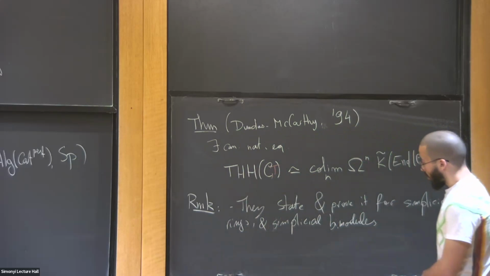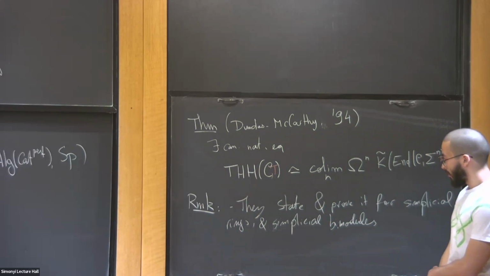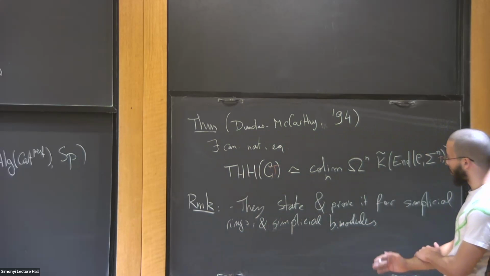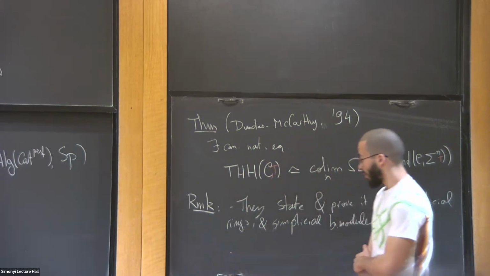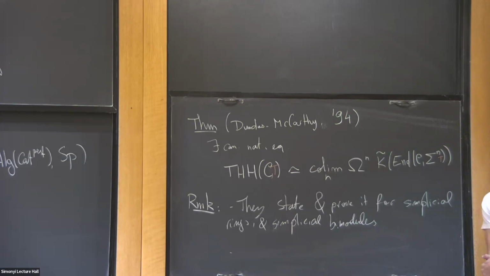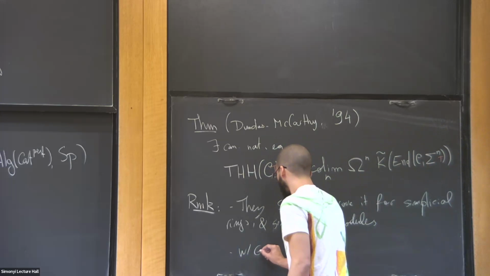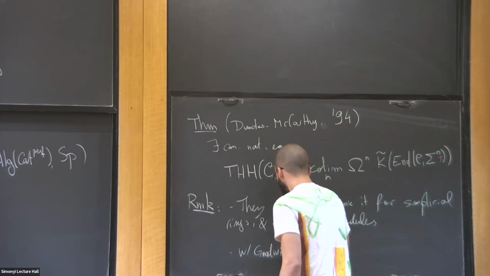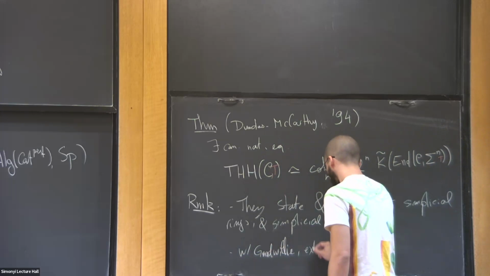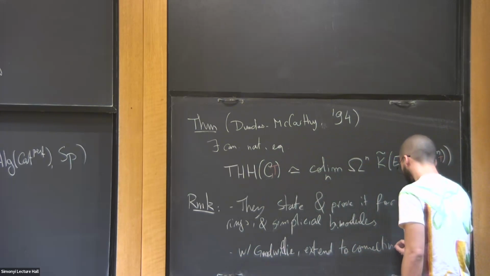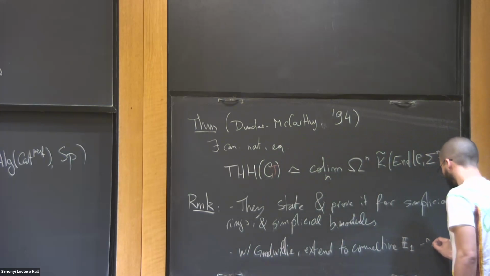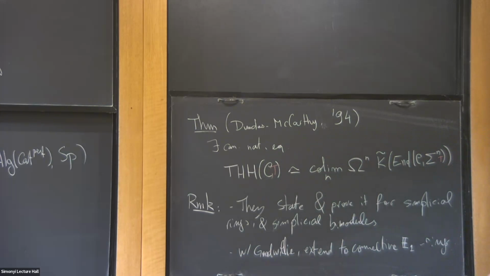And just a bit later, I'm not sure about the history because it was published way later, but it was announced just a bit later, in their work with Goodwillie for this celebrated Dundas-McCarthy theorem, they extended to connective E1 rings, by reducing to the simplicial case essentially.